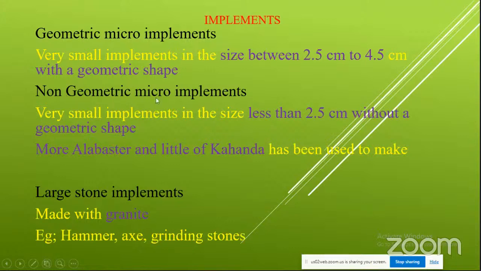Then non-geometric micro implements. So what are the non-geometric micro implements? They were not given any geometrical shape, but even so they are very small, like 2.5 centimeters. When you make a very small implement like that, you cannot use granite to make them. So you have to use something harder than granite, alabaster.